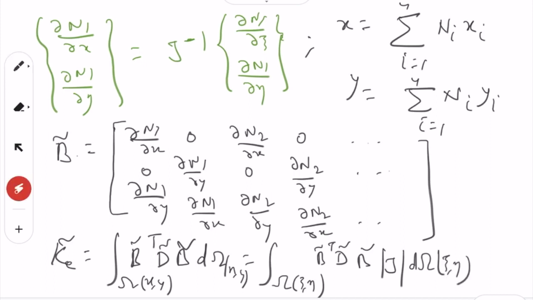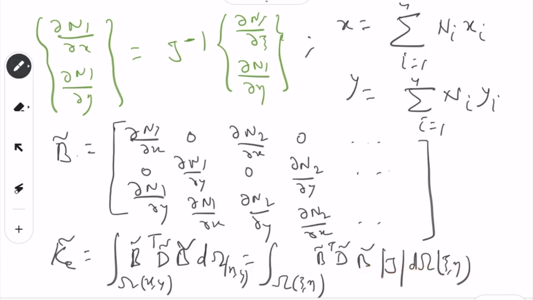We can see here that del n1 over del x automatically has xi and eta, because these have xi eta and this also has xi eta, hence B will be in the form of xi eta only, and hence we will be able to integrate.